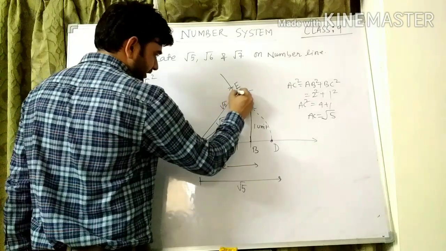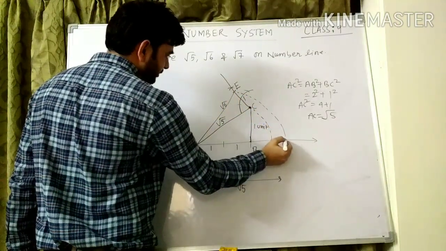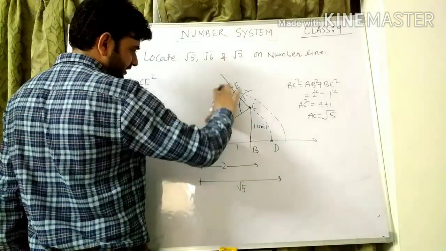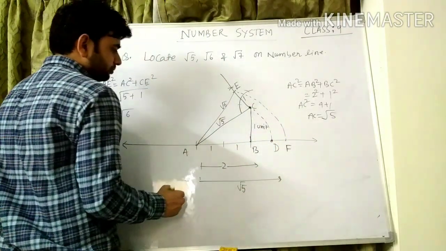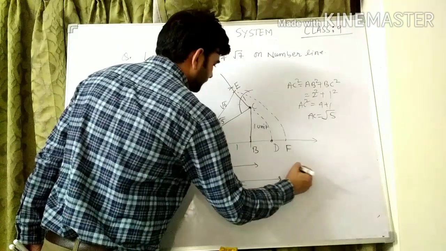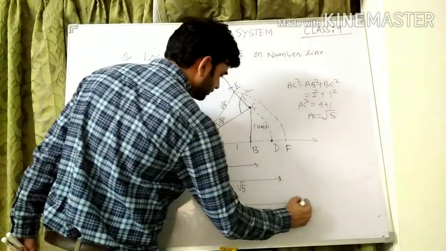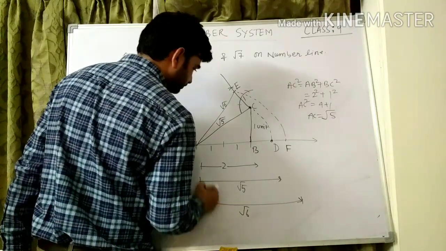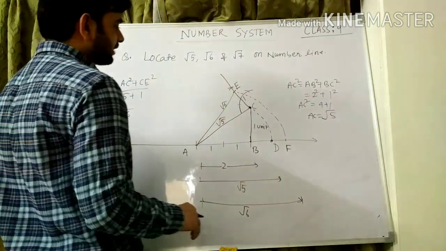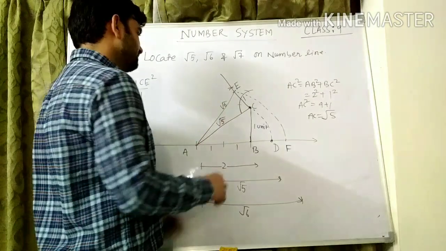Again in the same way, you take this compass and you will mark it here. Fixing this point, this point will be F. So AF will be root over 6. Then, if you calculate again, join this point.